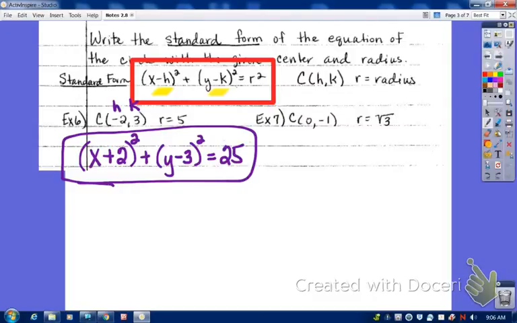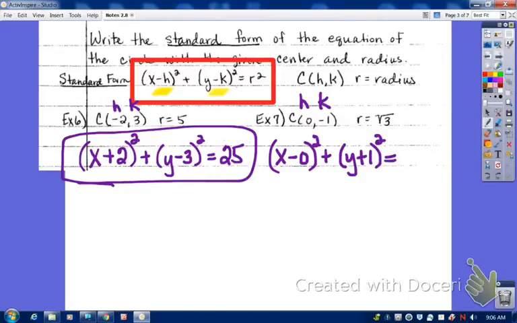In example 7, your h is 0 and your k is negative 1. So we're going to do x minus the h value, so that's (x minus 0) squared, plus (y minus your k). So when you do y minus the negative 1, that becomes (y plus 1) squared.